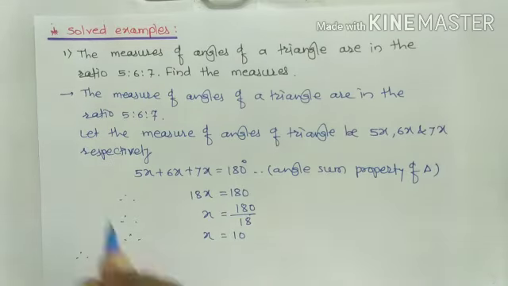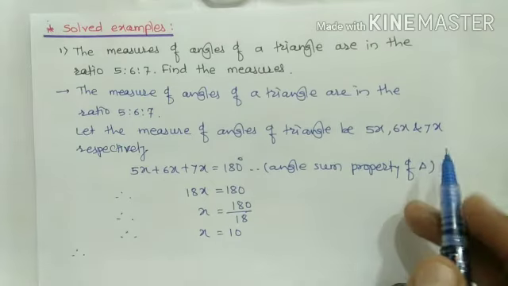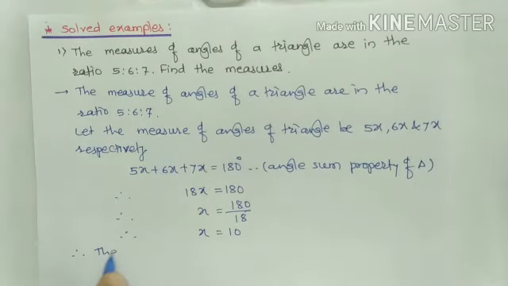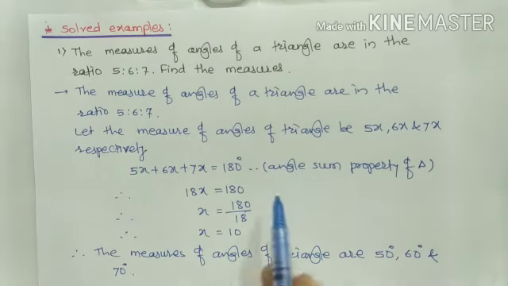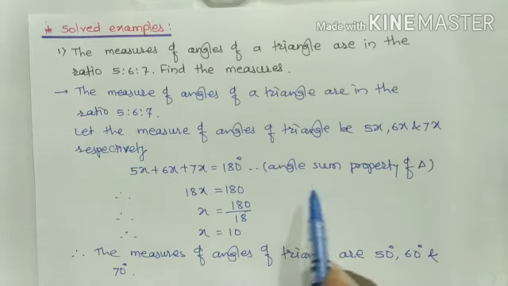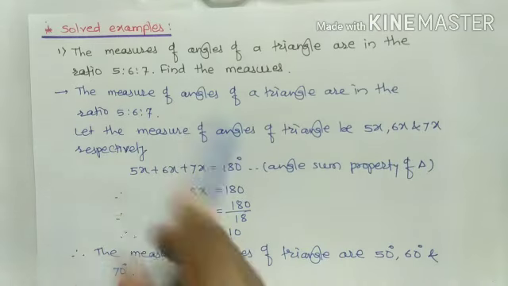And therefore the measures of the angles of the triangle are 5x, 6x and 7x, that is 5 into 10 is 50 degrees, 6x equals 60 degrees and 70 degrees. In this way, by using the property of sum of measures of angles of the triangle, we can easily find the measures of all the angles of this triangle.